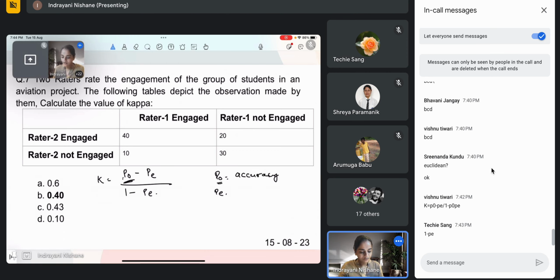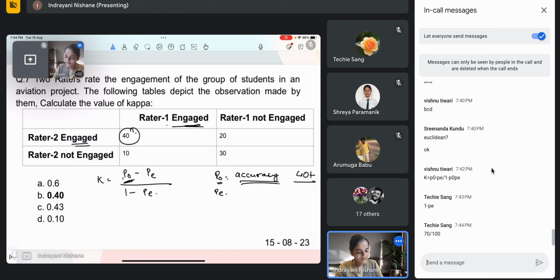Yeah. So here let us calculate PO first, right? PO is accuracy. So where is the agreement of both happening? Engaged and engaged is 40, plus the not engaged and not engaged agreement. Rater 2 also says they are not engaged, and rater 1 also says they are not engaged. It is happening here, right?